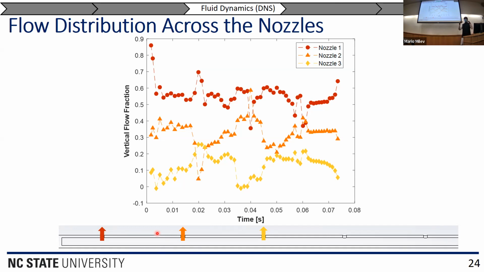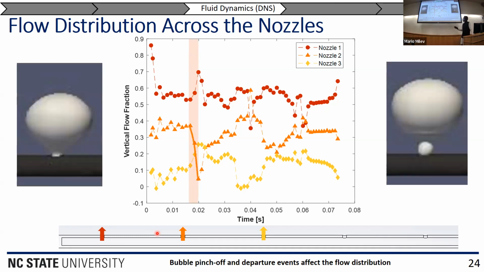What happens then is there's more surface tension at the nozzle front, so there's more pressure there, and the airflow moves on to another nozzle and the bubble is formed somewhere else. For example, over here, you can see there's this instantaneous drop in the flow fraction of the second nozzle and a rise in the flow fraction at the first and third nozzles.